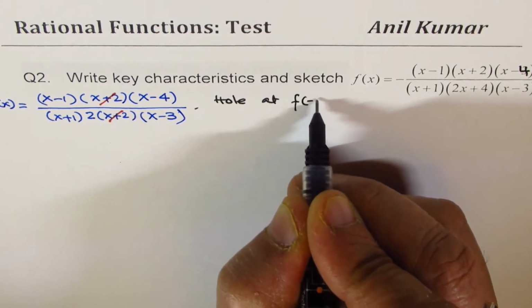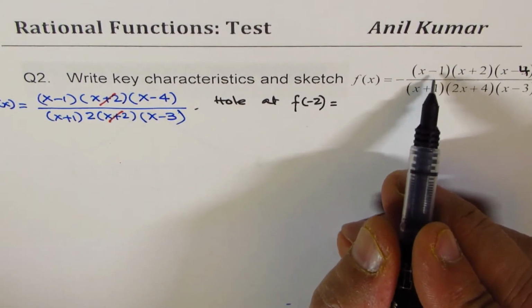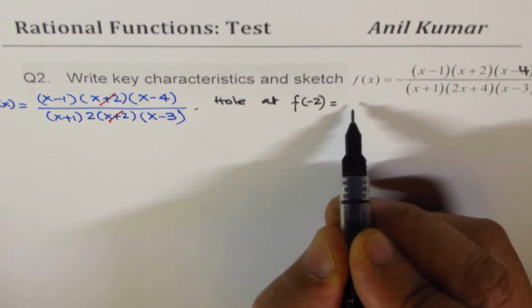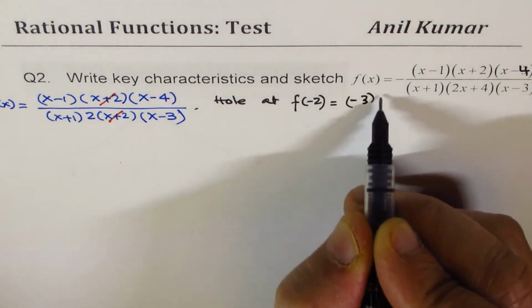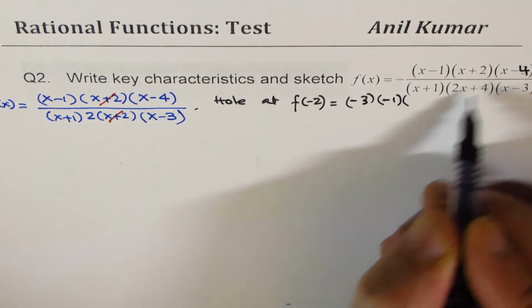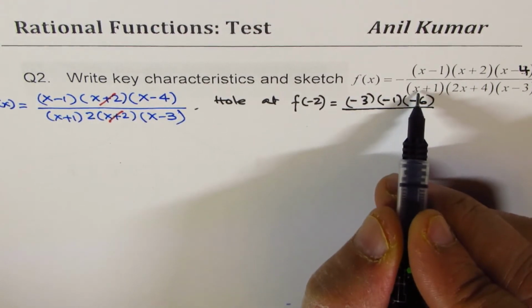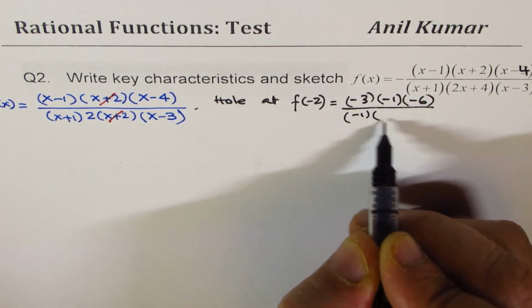So we can find the value of the function at minus 2, right? So if I substitute minus 2 here, minus 2 minus 1 gives me minus 3 times minus 2 times this is minus 1. Here it'll get minus 6 divided by minus 2 plus 1 is minus 1.